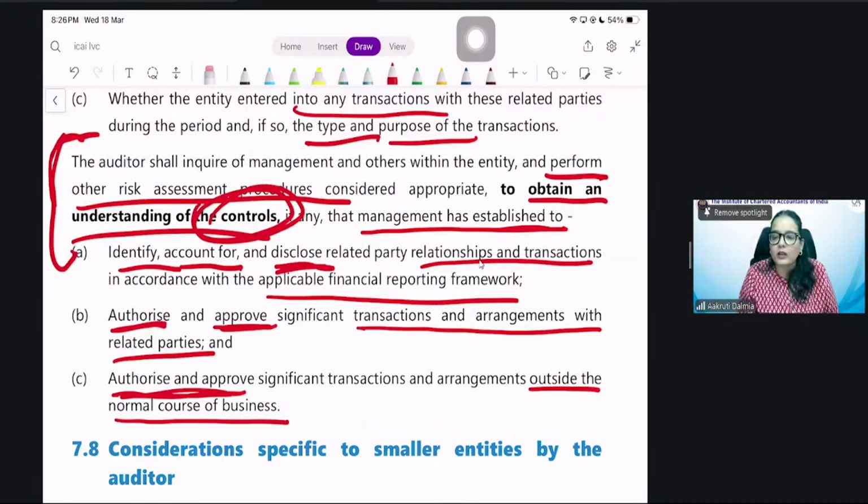So I need them to answer first. What are your controls to identify, account, and disclose all related parties? What are your controls to authorize and approve these transactions with related parties? And what are your controls to authorize and approve arrangements with related parties that are not even your normal business? You are doing something extra for them that is not even your business.